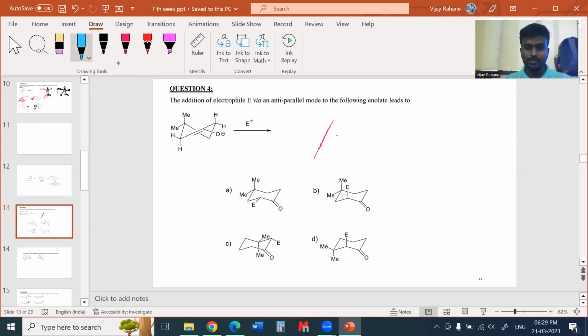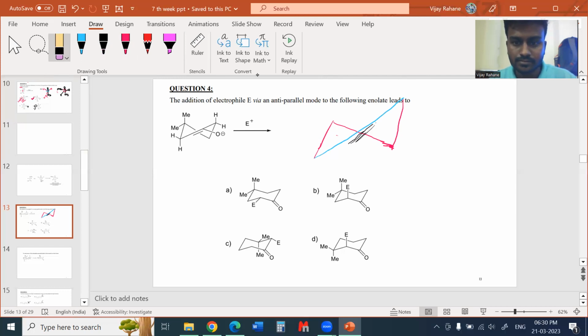In this one, the double bond will be like this. Right, so this one is the enolate.